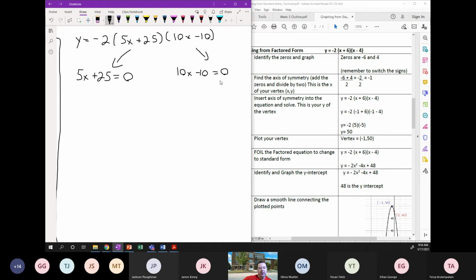Ooh, Logan's really confident. He gave me a capital Z. All right, so I'll work this through.